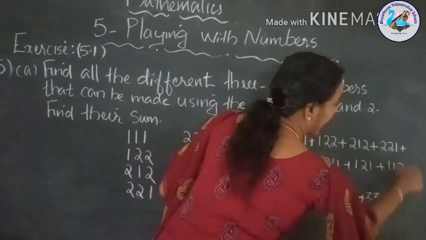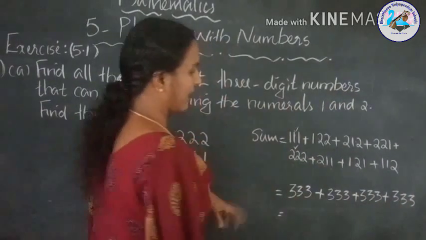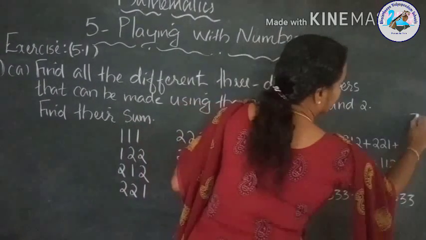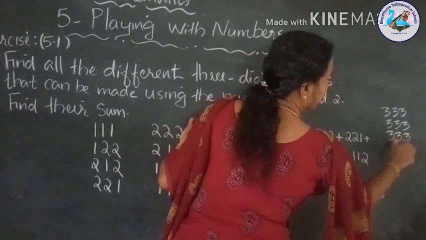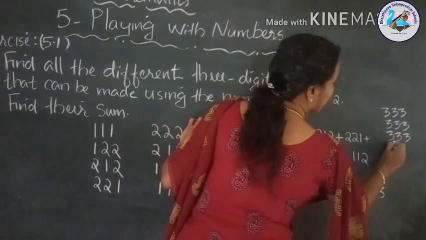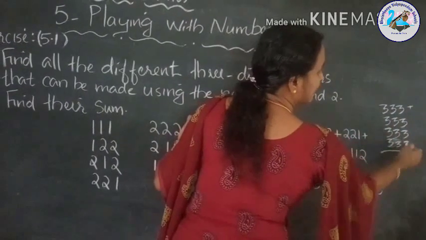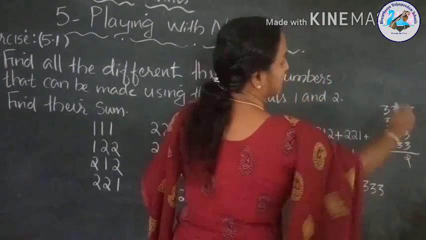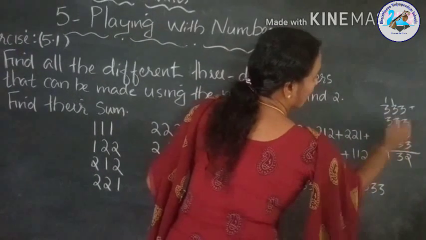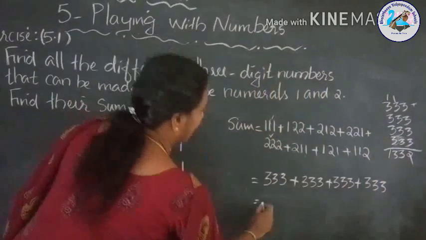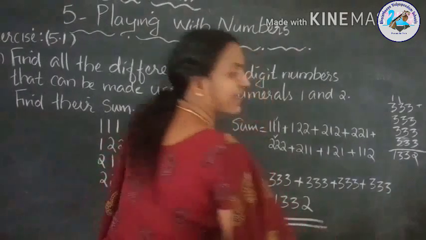Then add these two numbers, 333. Now add 333, 333, 333, 333. 3 plus 3 plus 3 plus 3 is 12, balance 1. Again 12 plus 1 is 13, balance 1, and again 12 plus 1 is 13. So the sum is 1332.